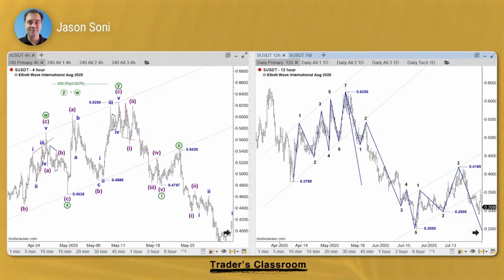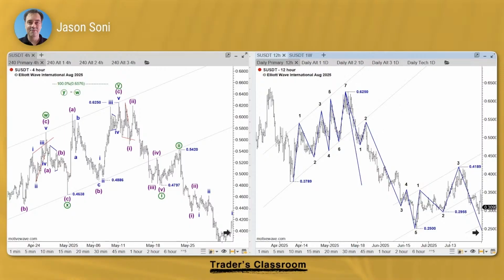So in this case, I've got overlapping price action. I've got a 7-swing move. Chances are it's a double zigzag and a corrective pattern. And furthermore, you can also see that it's contained by parallel lines. So that's further adding credence to the idea that this is a corrective structure.